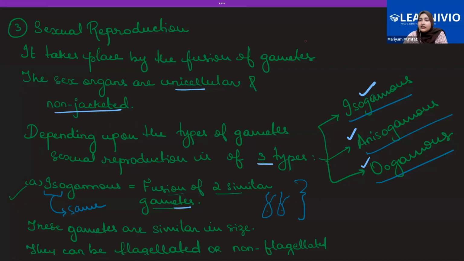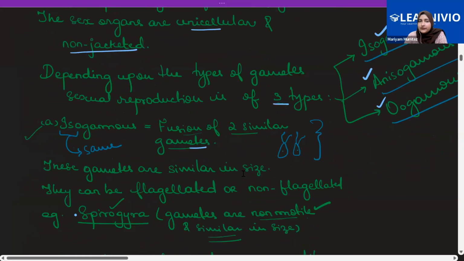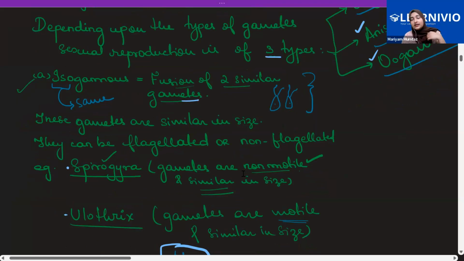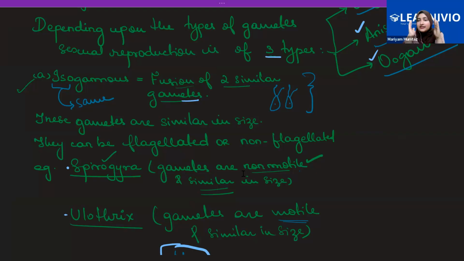Depending upon the types of gametes that are fusing, sexual reproduction is of three types: isogamous, anisogamous, and oogamous. Firstly, if the gametes that are fusing are exactly similar to each other, exact replicas of each other, then we call it isogamous.